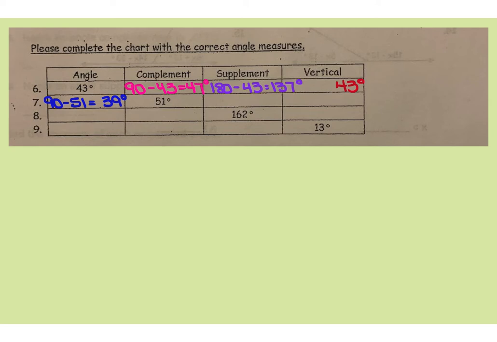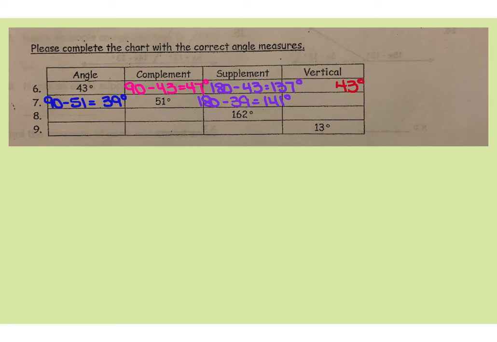All right. What would the supplement be? Am I wanting the supplement to the 51 degree or the 39 degree? The 39 degree. What is the supplement to the 39 degree angle? How'd you get it? Good. 180 minus 39, 141.